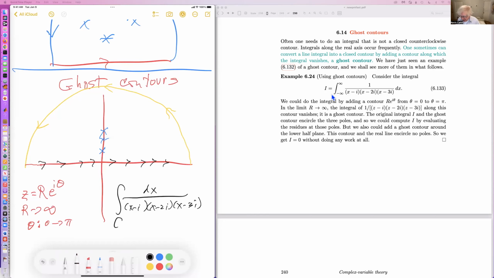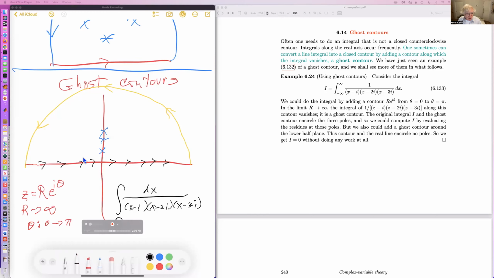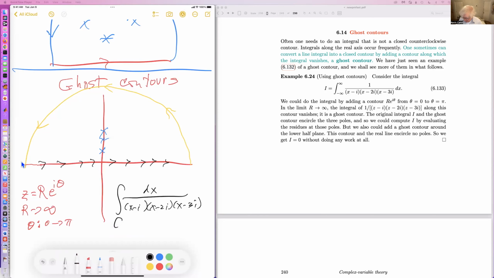So for large x, in other words, when we're way over here or way over there, the value of the integral is very, very small, and so we can add a ghost contour.